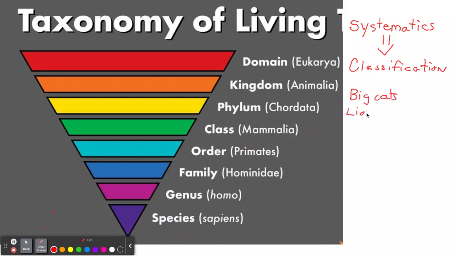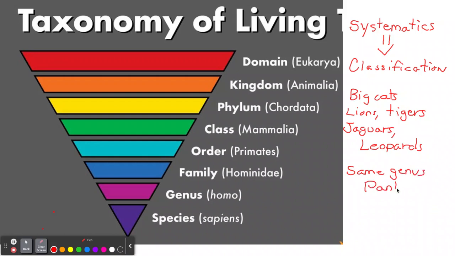We have the lions, we have tigers, and let's say we have jaguars, and we also have leopards, right? So these are the big cats. We can classify this. They all have the same genus of Panthera. So we can classify them as big cats in the genus Panthera.